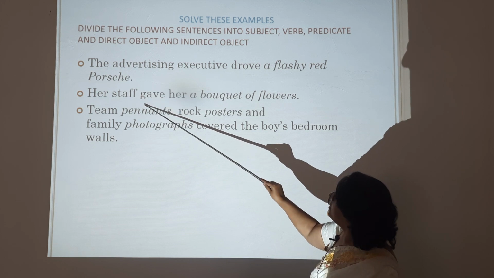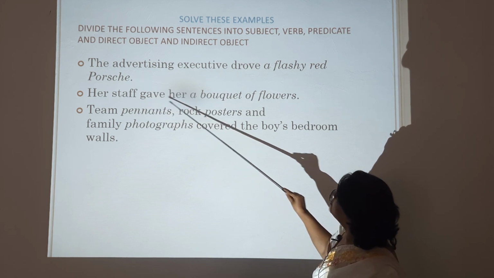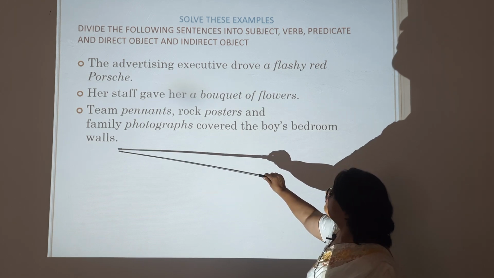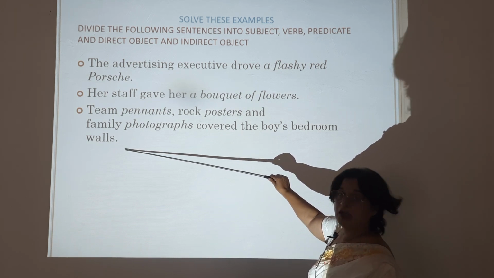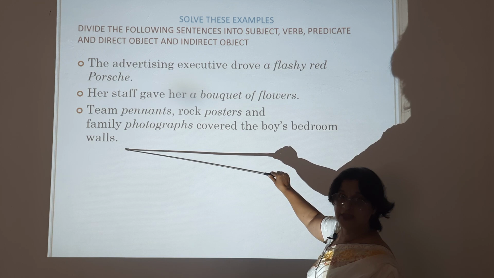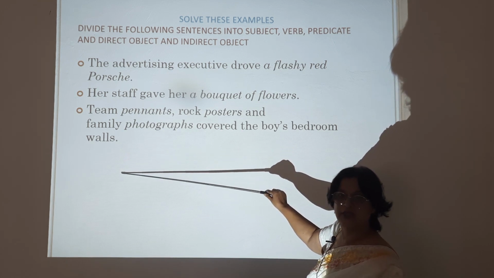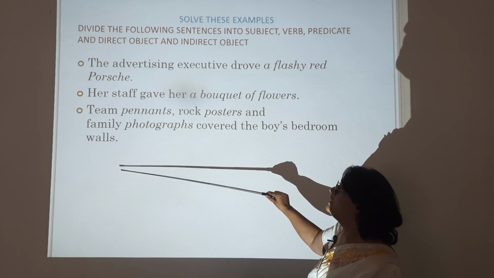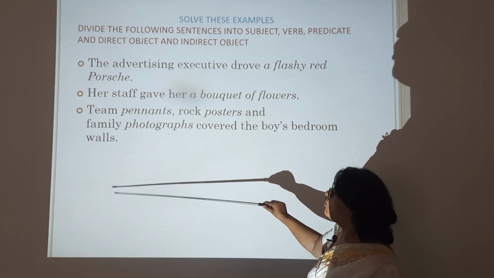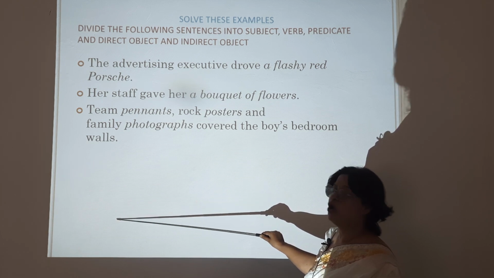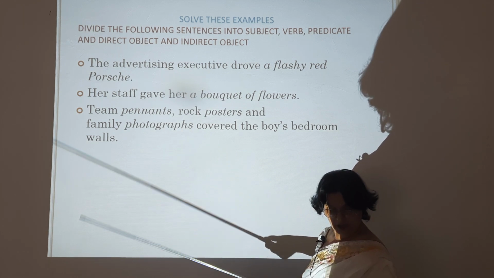I don't want you to write here verb or subject as S, V, D, I. No. You will first write what is the verb in this sentence. Identify the verb first, then write the subject, write the whole predicate, then write the direct and indirect object if at all they are there.